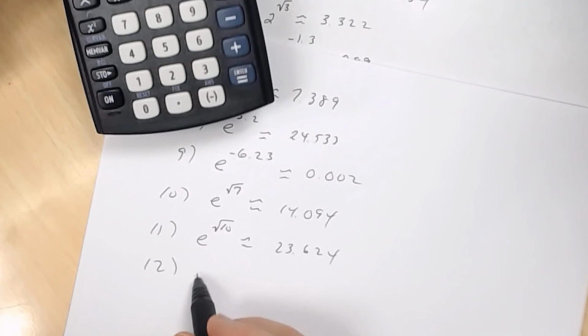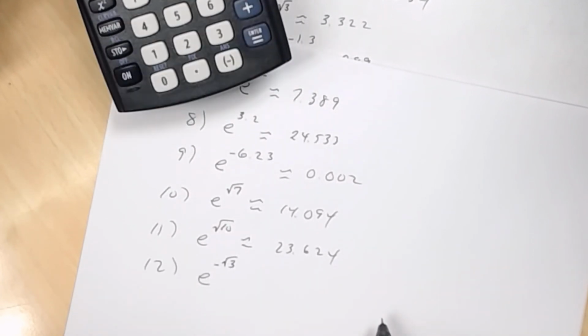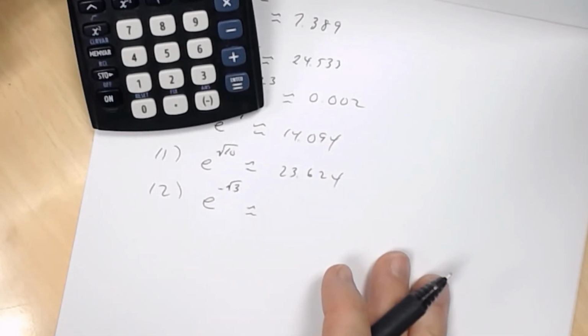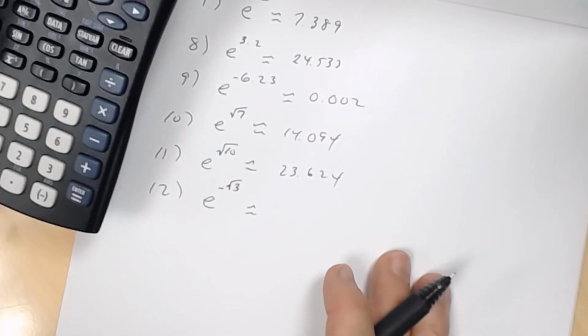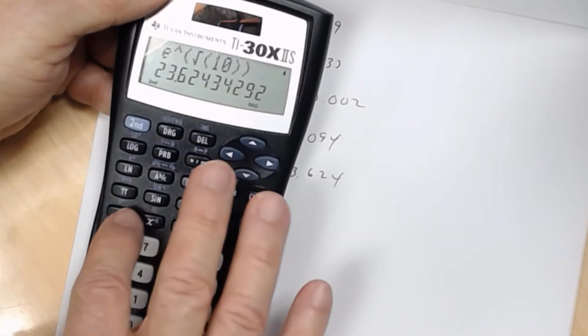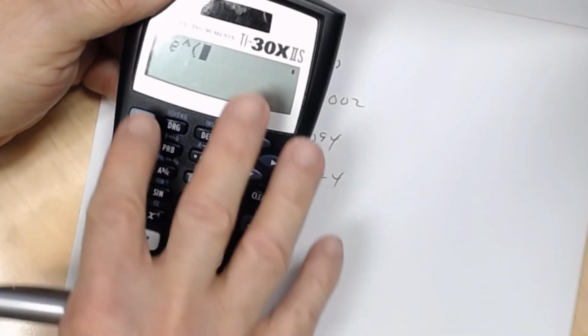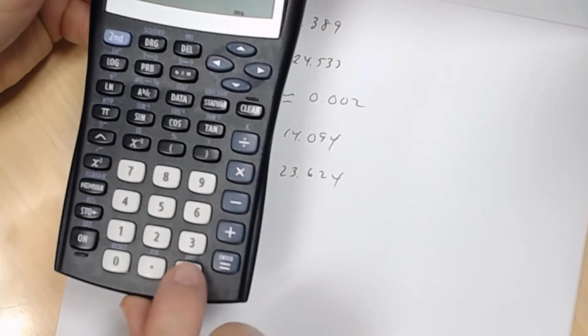And then let's suppose the exponent was negative, e to the negative square root of 3. Let's see what that is. See if you can do this yourself. Pause the video and then come back and see if you got the same thing. All right, so second, e. Now I need to do the square root, but before I do the square root I have a negative, so you have to press the negative first.